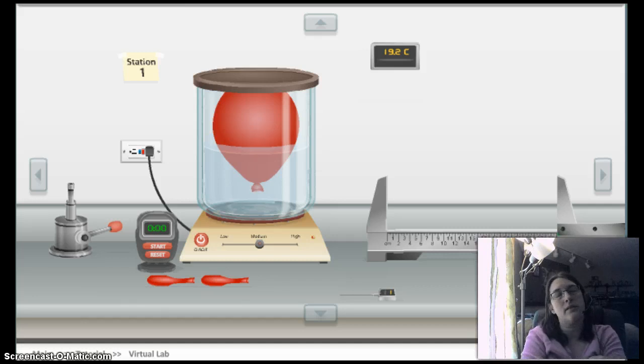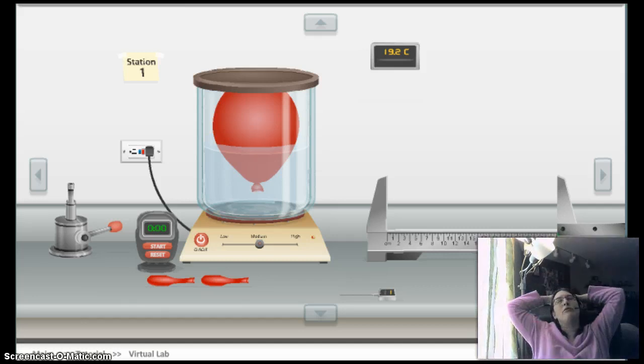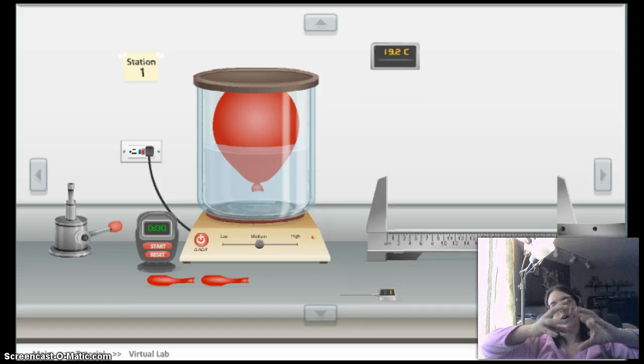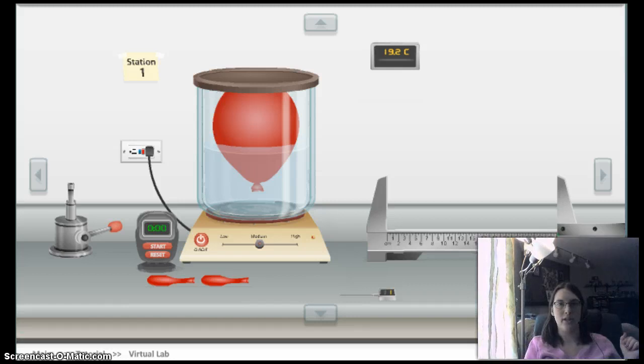But when it's hot outside, we're going to spread out on the beach. Doesn't that sound good? And you spread out because it's hot outside. So gases do the same thing. When they're cold, the temperature decreases, the volume decreases, and they come close together. When it's hot, the molecules move faster, they spread out, the volume increases when the temperature increases.